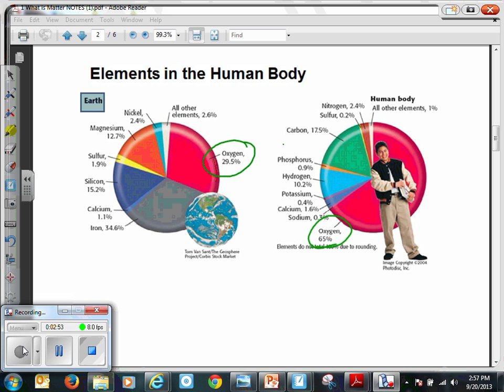Another thing that's in all living things is carbon, and when we do carbon dating, we look at carbon and the way that changes over the years. Iron is very common in the Earth's crust, where we don't have much iron in the human body, but most of it is oxygen.